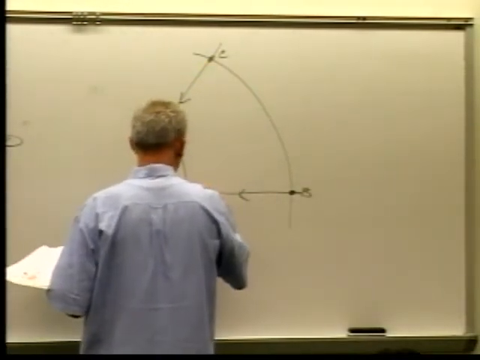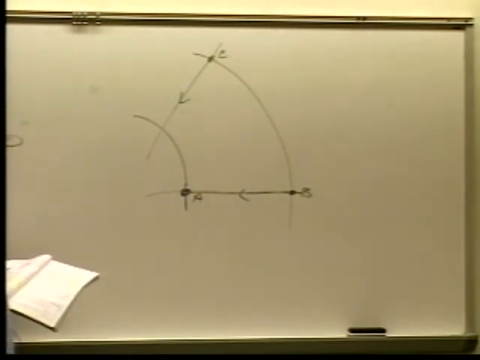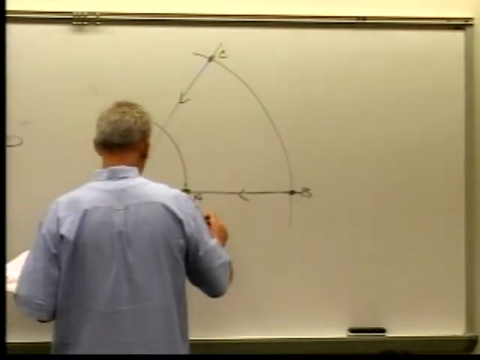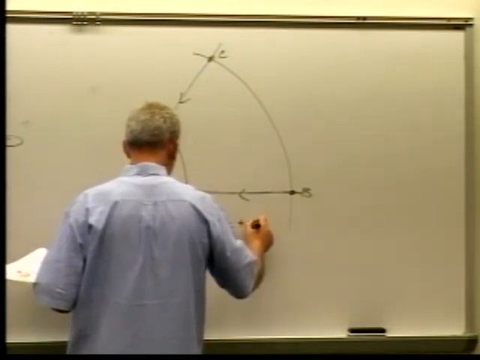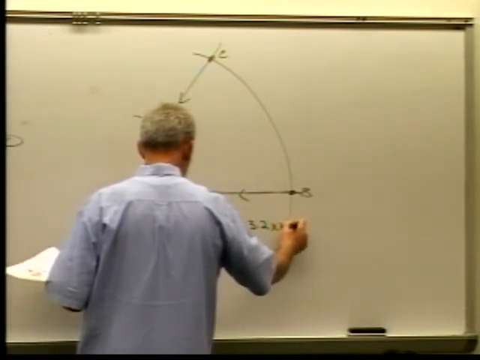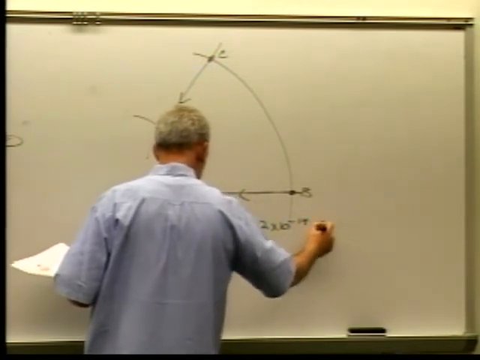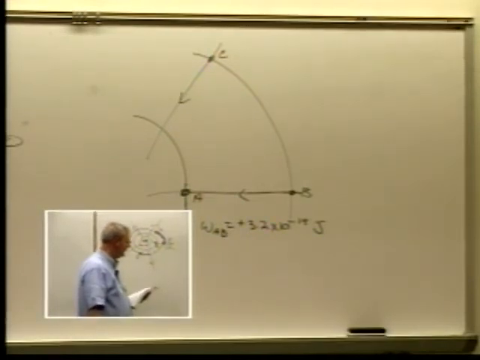When an electron moves from A to B against the electric field, the electric force does 3.2 times 10 to the negative 19 joules of work. So the work from A to B on an electron is equal to positive 3.2 times 10 to the negative 19 joules. That's the work done on an electron to move it from A to B.